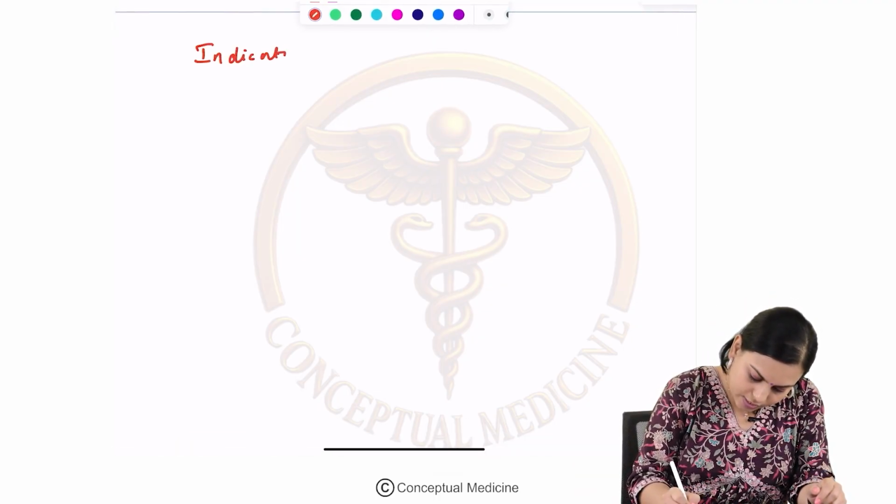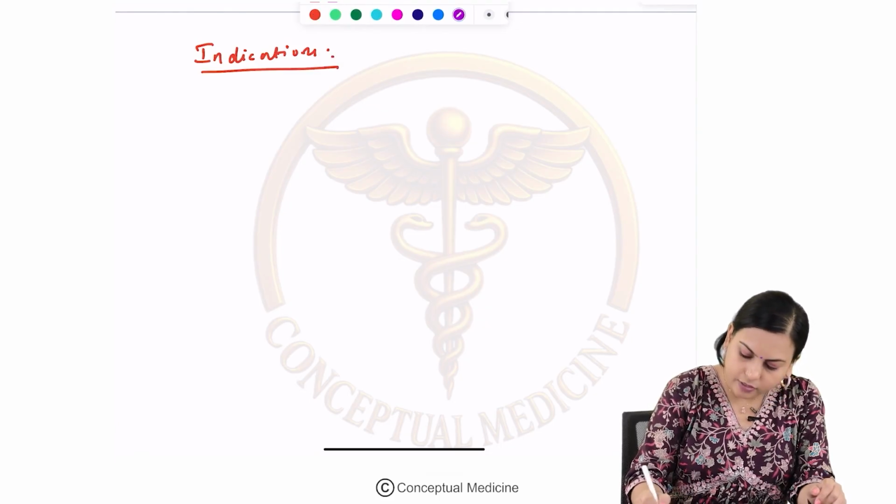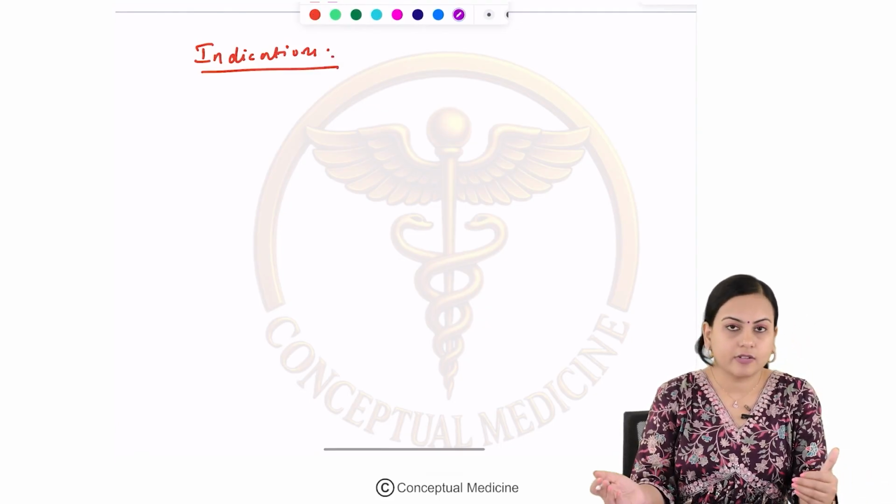Indications of Cesarean section can be classified into absolute indications and relative indications.